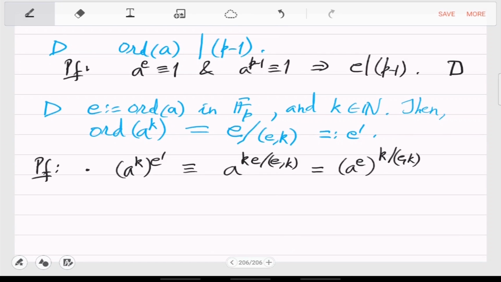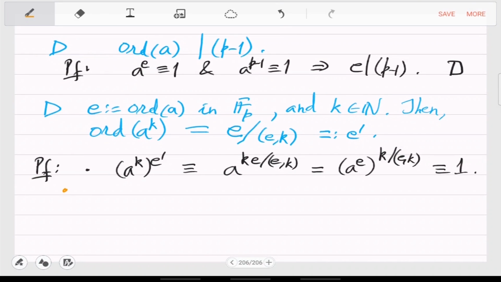Here, instead of k, I am now looking at a to the e, and outside you have a number because the GCD of e and k obviously divides k. So this is 1. Right, so e prime certainly makes a to the k 1, but is it the least? That's all you have to now check. Yeah, so that needs to be checked carefully.